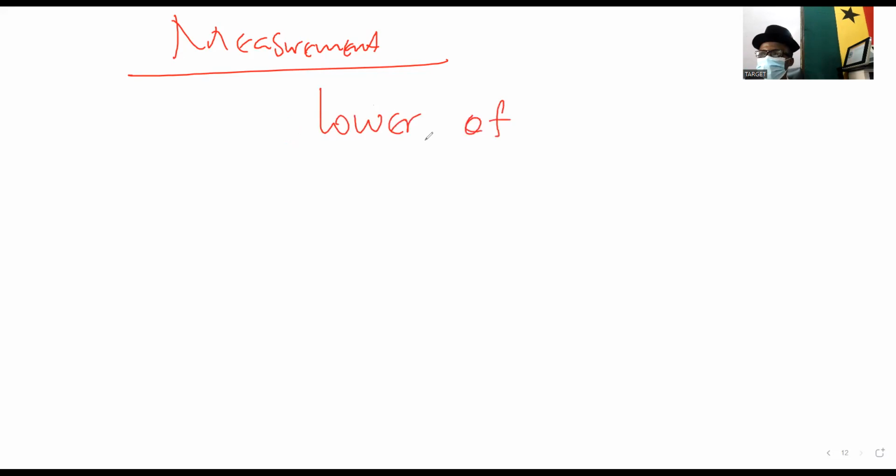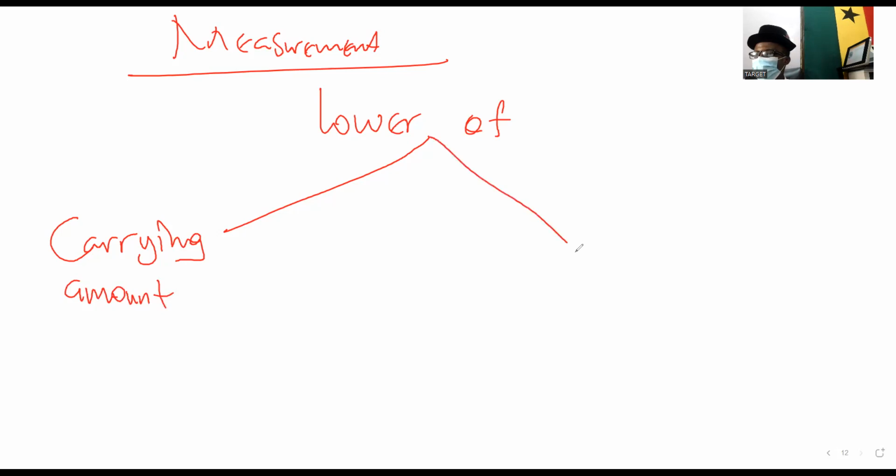Lower of carrying amount and fair value less cost to sell. That is it.